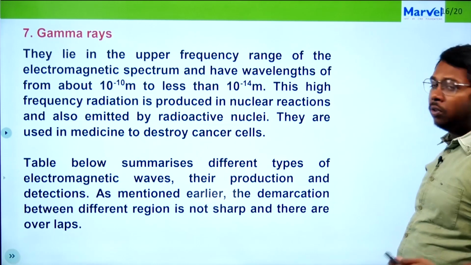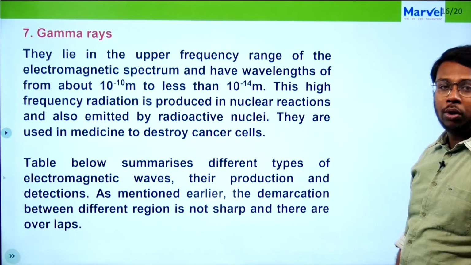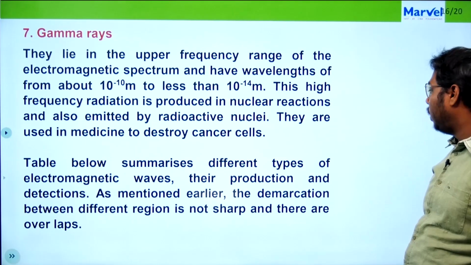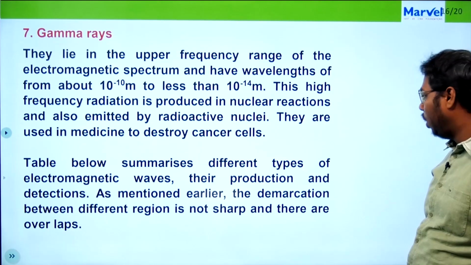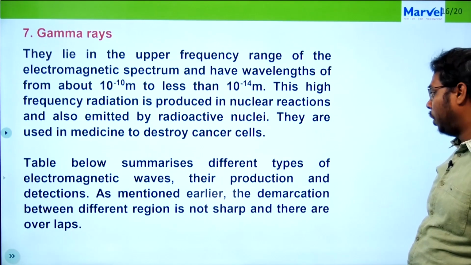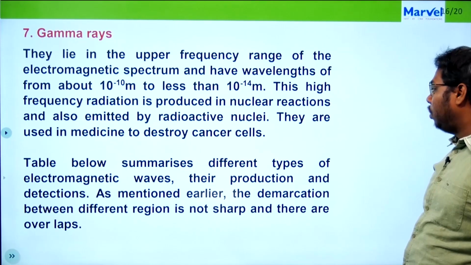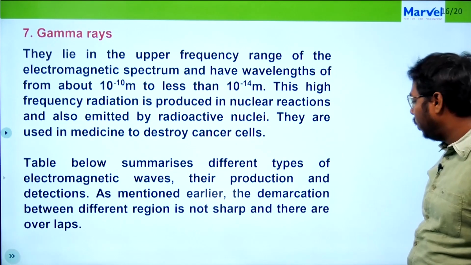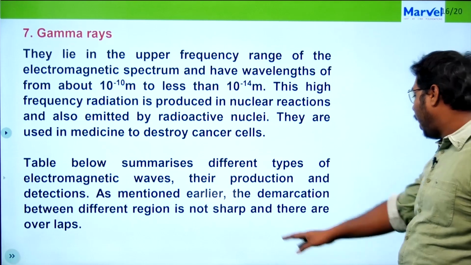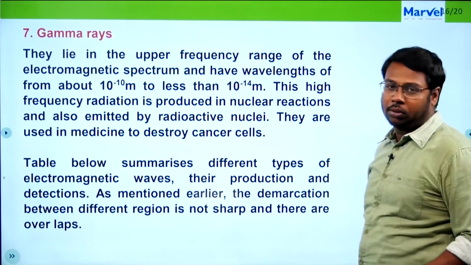Okay, the tabular column which I am going to show you in a short while will summarize the different types of electromagnetic waves, their production and detection. As mentioned earlier, the demarcation between the different regions is not sharp and there are overlaps.